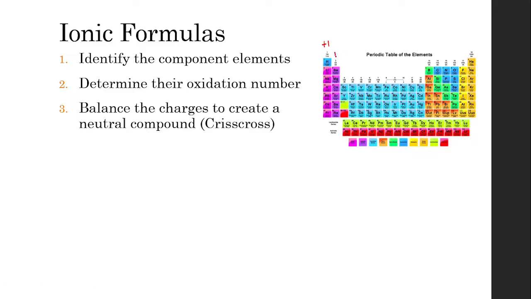As for our second column, you would have your +2, and then here you would have your +3, and then here you would have your -3, -2, and -1. So this is for column 1, column 2, column 3, and this is for column 5, column 6, and column 7. So these are some of the easiest ways to identify the oxidation number.